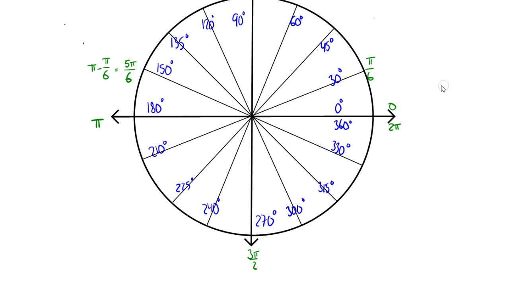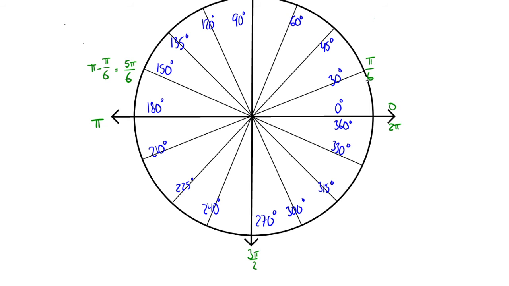So to determine the rest of the angles, specifically quadrants 2, 3, and 4, we can use the reference angles that we have in radians, and we can either add or subtract from pi or 2 pi to get the rest of the angles.